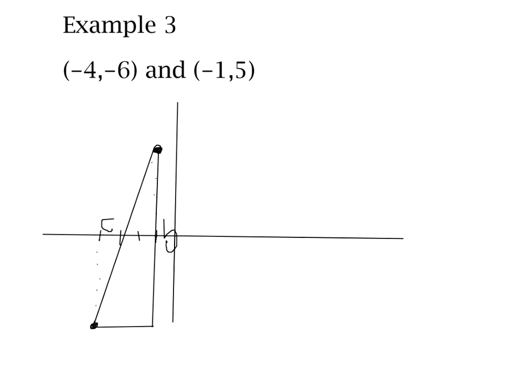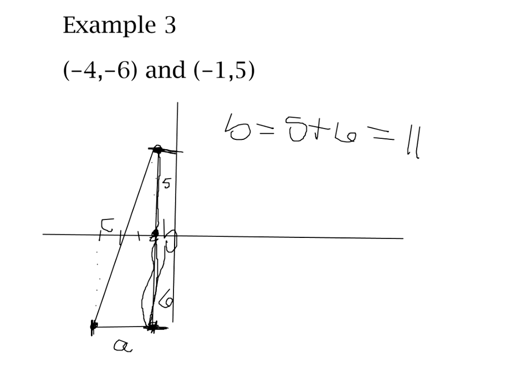So I have B and A. And so B goes all the way from y equals 5 down to y equals minus 6. So there's 5 from here to there, and 6 from here to here. So the total length of B is 5 plus 6 equals 11.